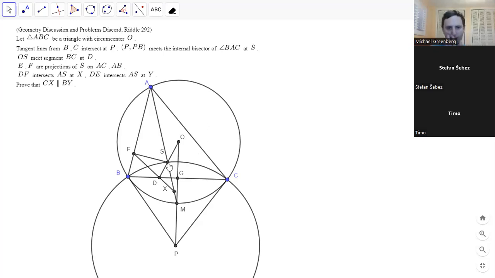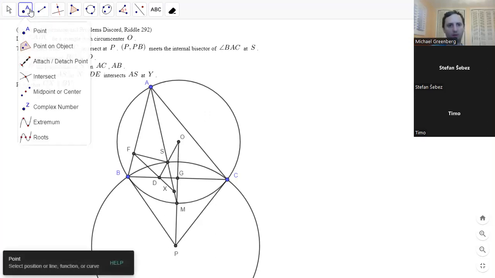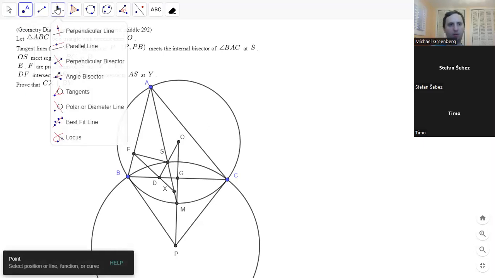So we have this point S. We have two right angles here. Maybe it's a good idea to intersect BC with the tangent line at S to the circumcircle of BSC. Okay.